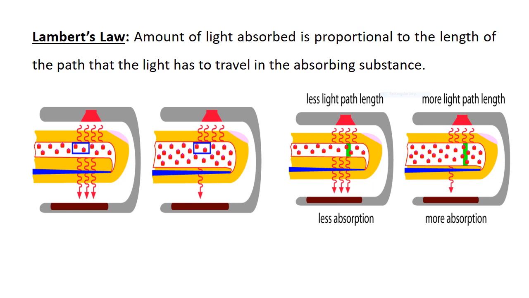Light emitted from the source has to travel through the artery. Here is the less distance, here is the more distance, and the concentration of hemoglobin is the same in both arteries. The light meets more hemoglobin in the wider artery compared to less hemoglobin in the narrower artery. So the longer the path the light has to travel, the more light is absorbed.